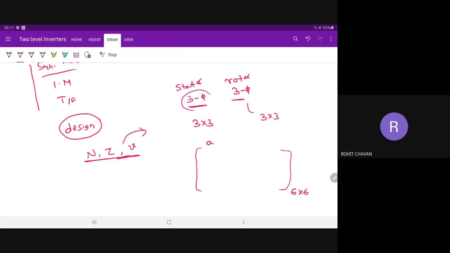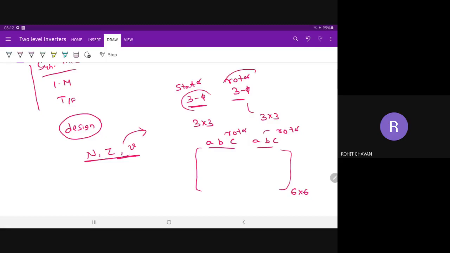So this is A, B, C for the stator, and similarly A, B, C for the rotor. We have interaction between the stator and rotor.